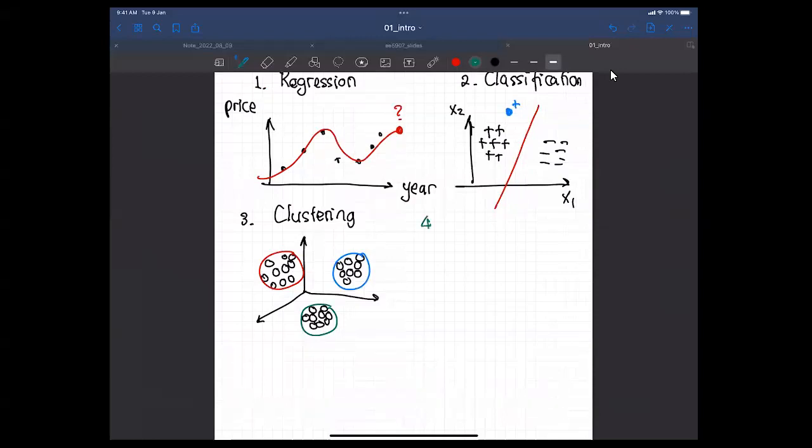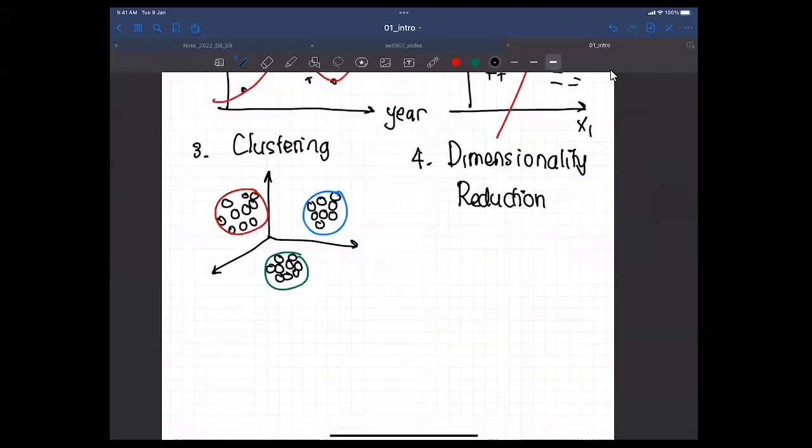By the way, we will learn regression, classification, and clustering in detail mathematically later on. Later also, I think in one section in the second part of this course, you will learn about dimensionality reduction. Dimensionality reduction is another typical task in machine learning.